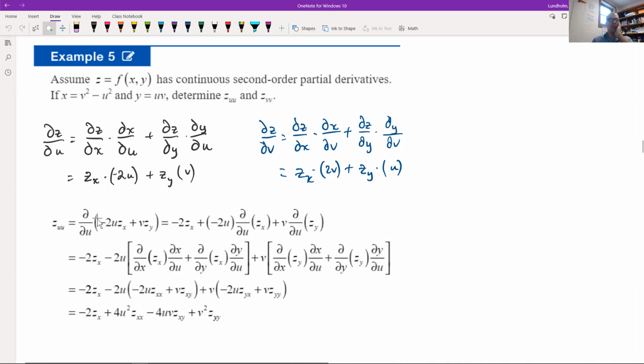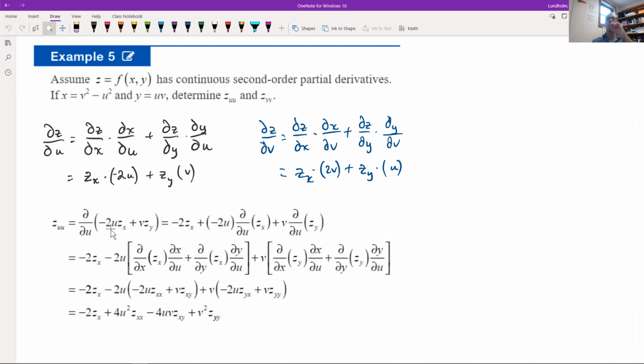So this whole thing is kind of a mess. For the first part, we do a product rule.